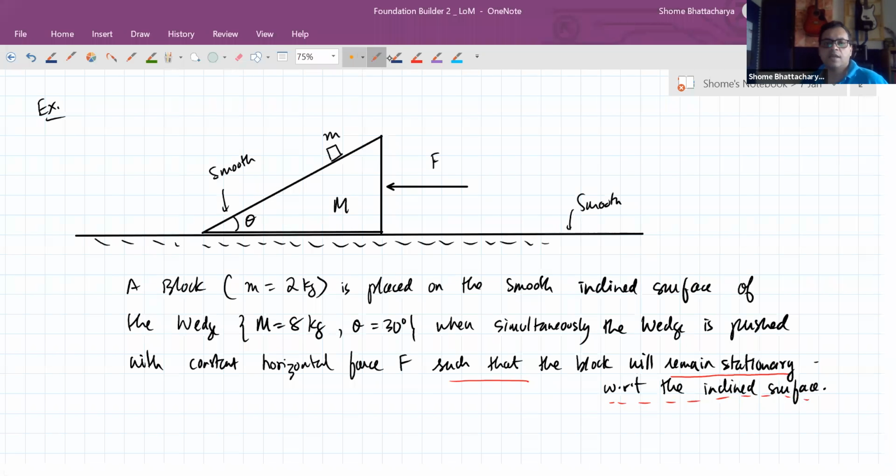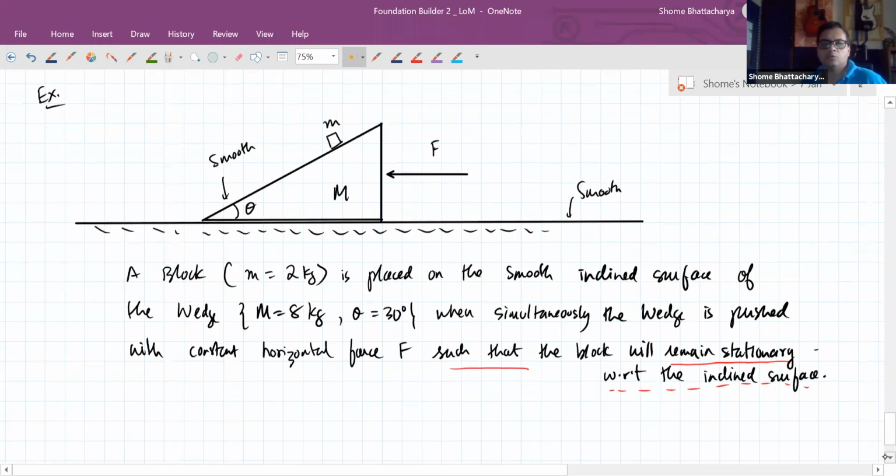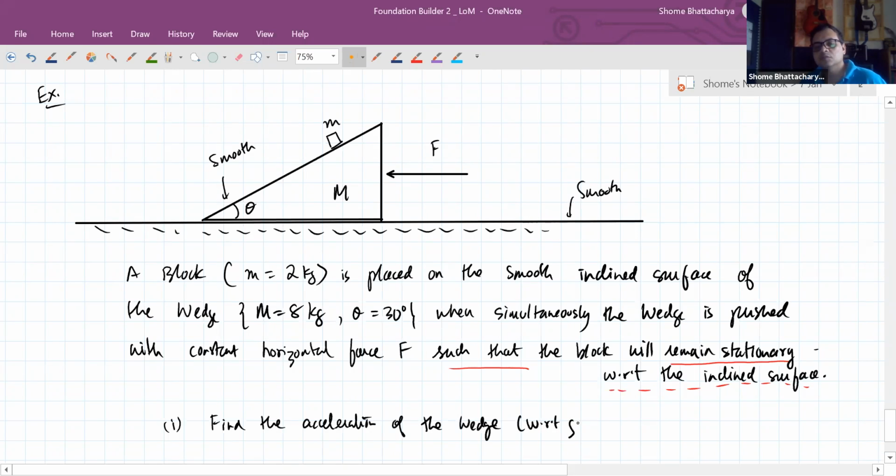So for that to happen, we have to find out how much force we have to apply. So first part, what we'll do is we'll find out the acceleration of the wedge with respect to ground, of course. Okay. And we will find out the magnitude of force we are applying.